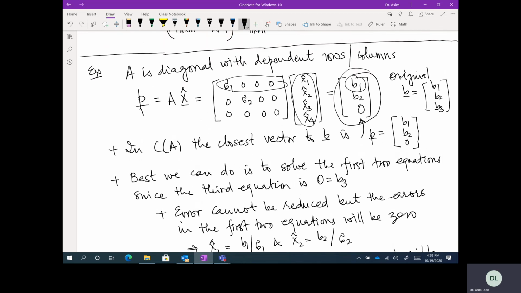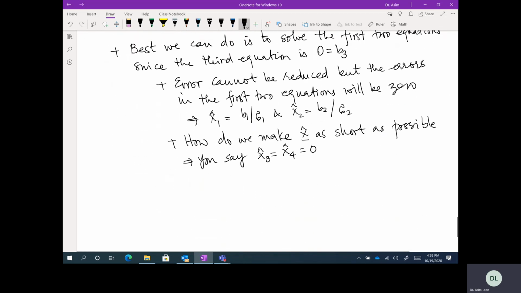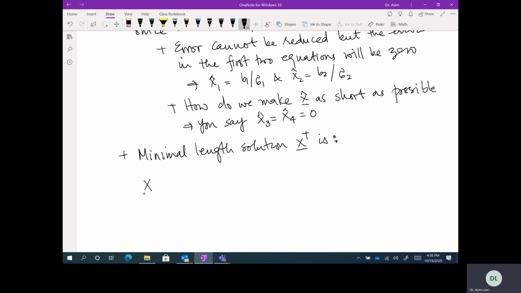So let's compute whether it's the same or not. The minimal length solution x plus is equal to a pseudo inverse times b.